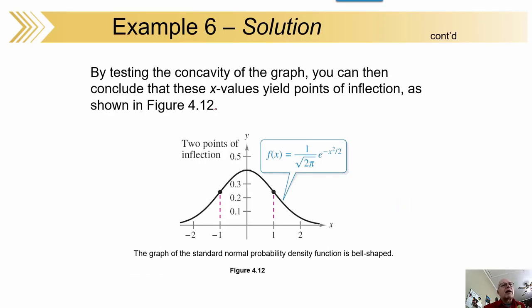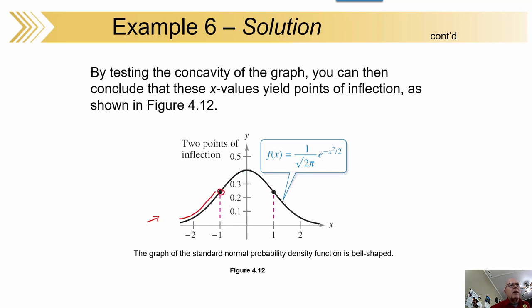And that's what it looks like. And 1 and negative 1 are where it turns around. Remember, inflection point means if I'm coming from the left to the right, which is the way we look at it, the curve is getting steeper and steeper until this point.